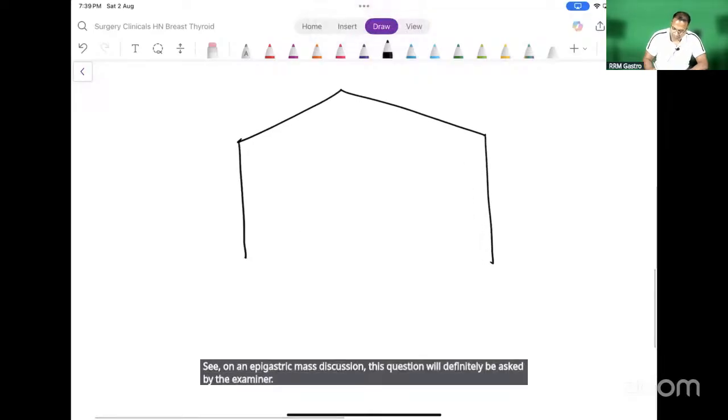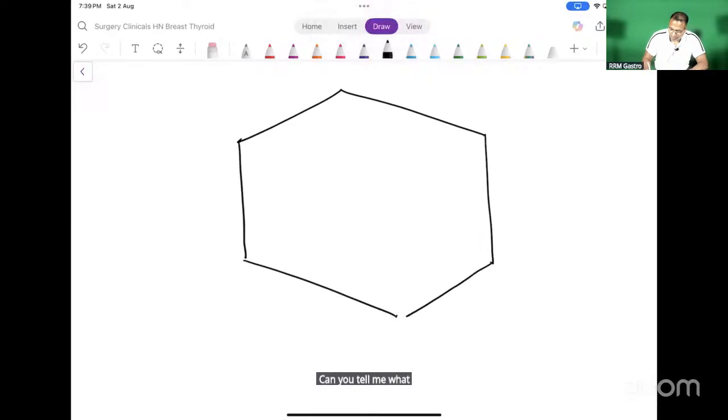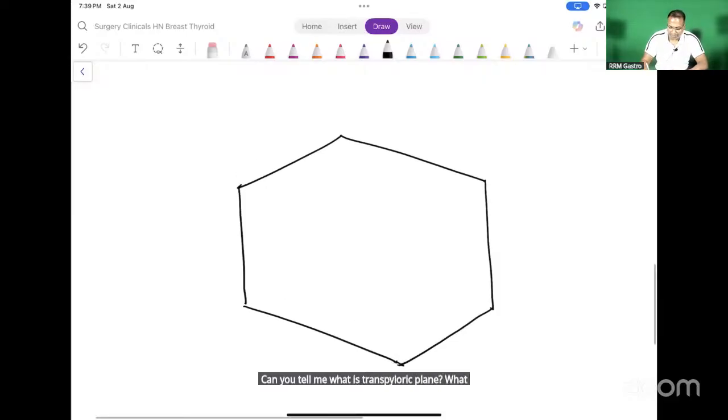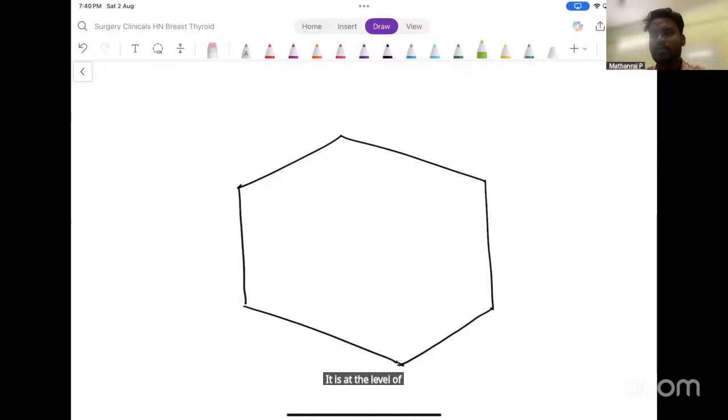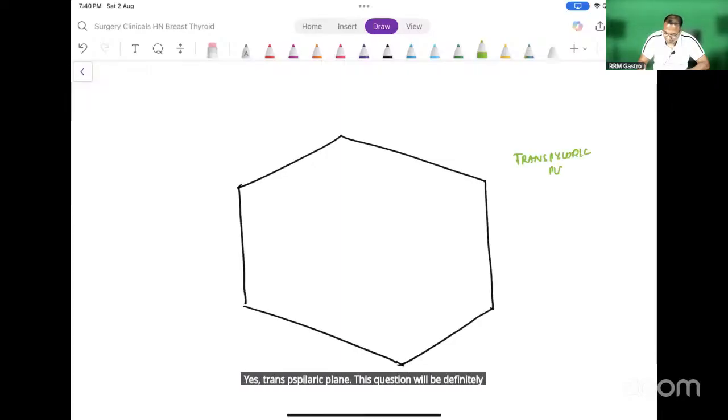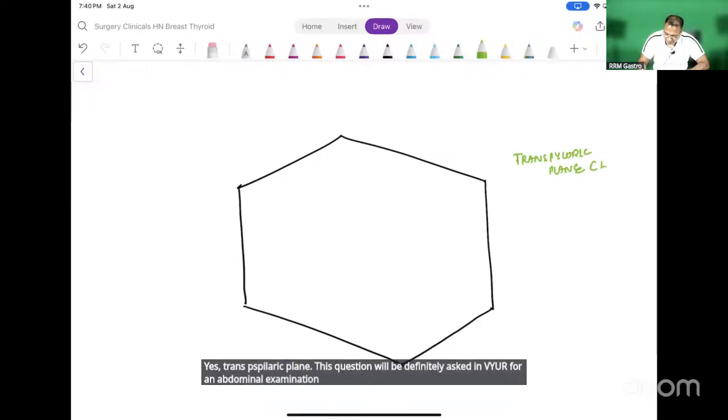Can you tell me what is the transpyloric plane? It is at the level of L1. This question will definitely be asked in viva for an abdominal examination. Please tell me where does it run?